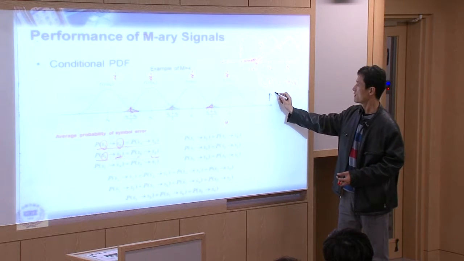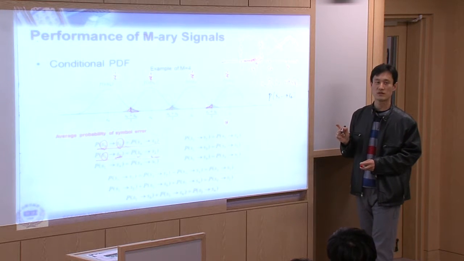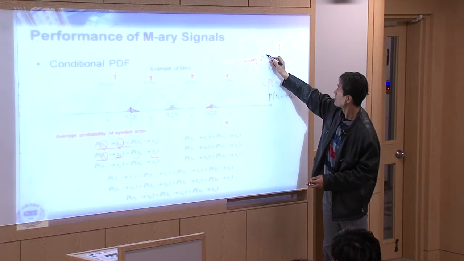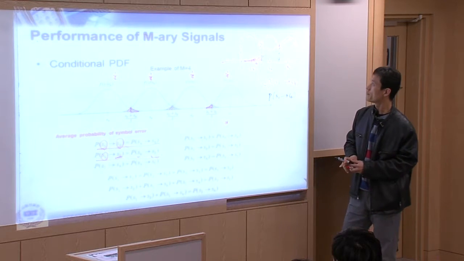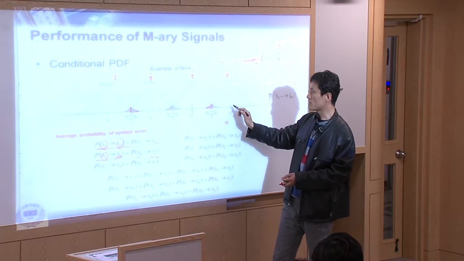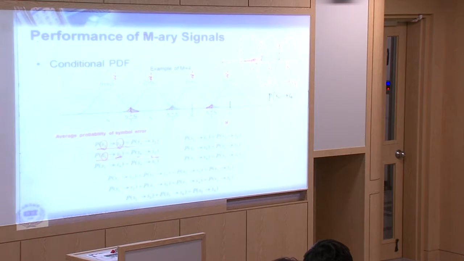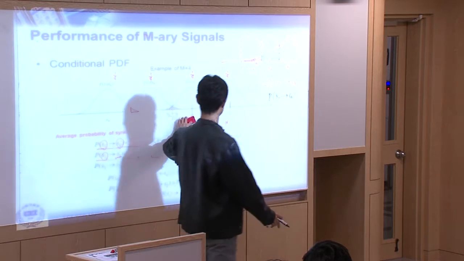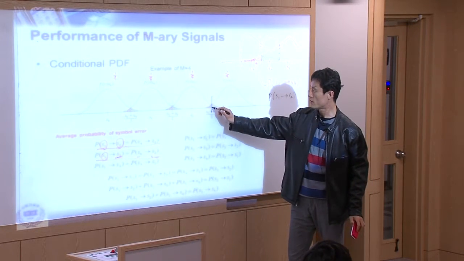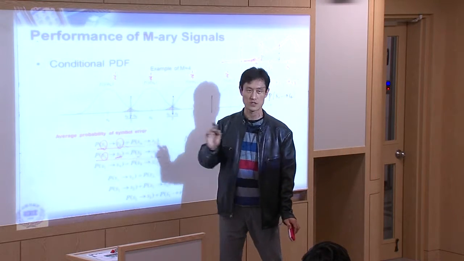What about S1, S2? S1 is transmitted, but S2 is received. So which area is that? This is the area. So now what you can see is that we're going to make regions. In this case, we have one threshold, second threshold, three different thresholds.